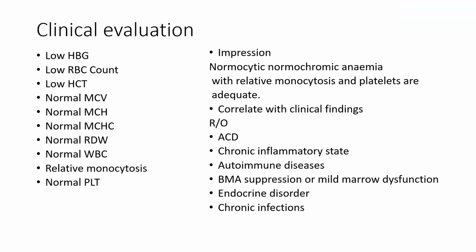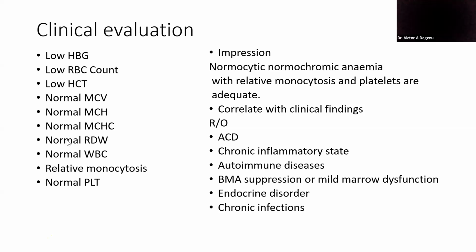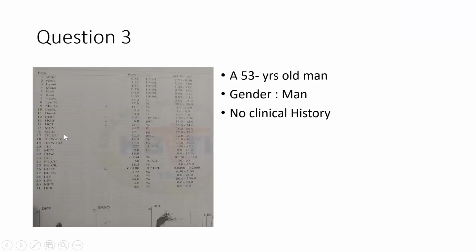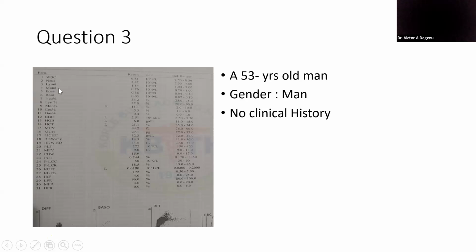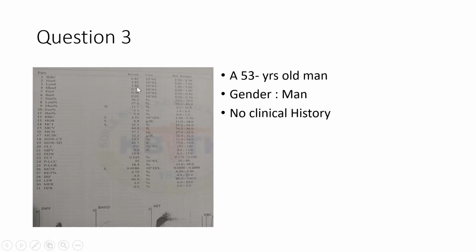Somebody wanted to ask a question about the monocyte: whether the absolute was normal and the percentage high. Yes, the absolute count was normal.